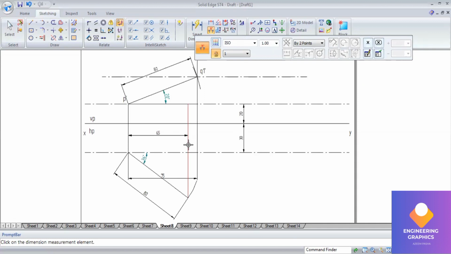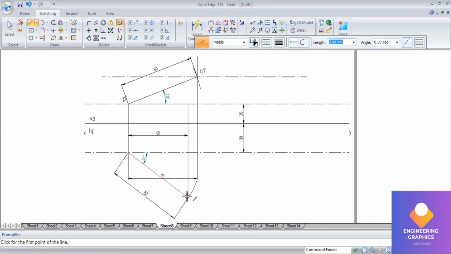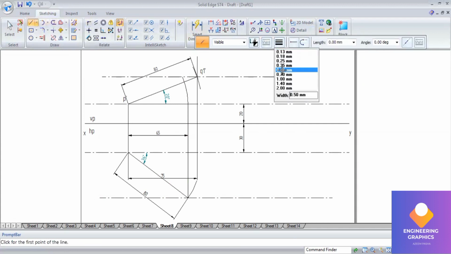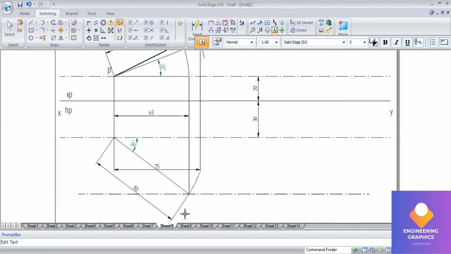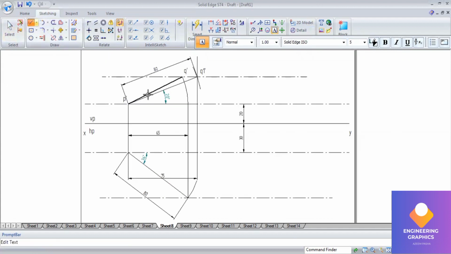With respect to the end of this other true length, I'll be constructing another locus line. Go to arc by center, measure this length and cut the arc. By cutting the arc we get the upper end length here. From this end point P dash, this is your P dash Q dash. Same way do it for the bottom end.